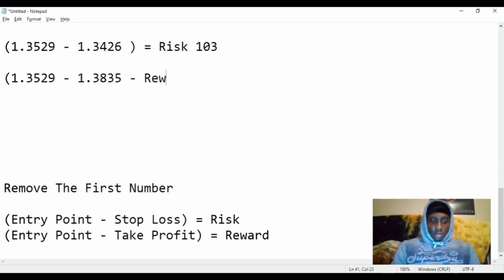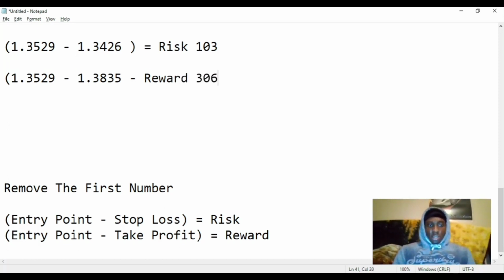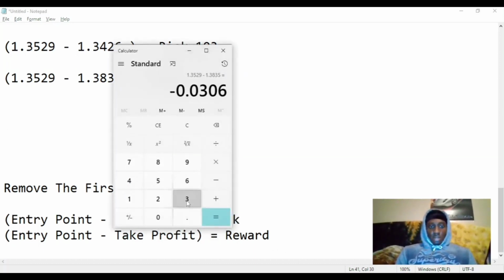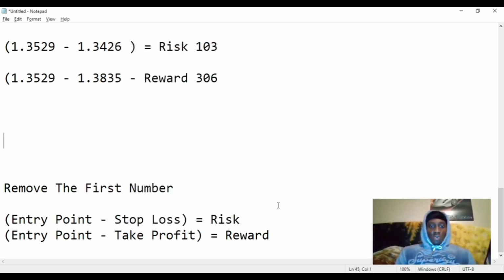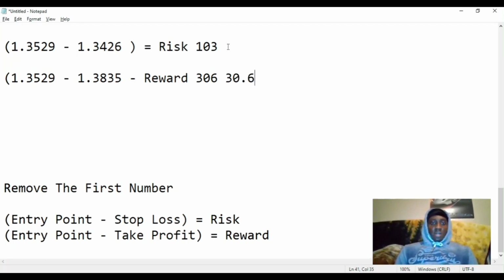306, right? So 306 times a 0.01 lot size, which would be 10 cents, equals $30.60. So the reward would be $30.60 for that lot size.